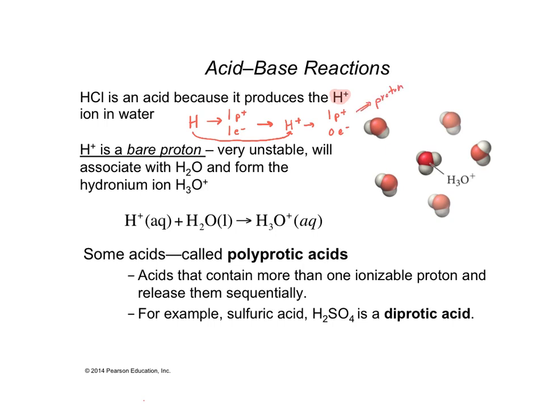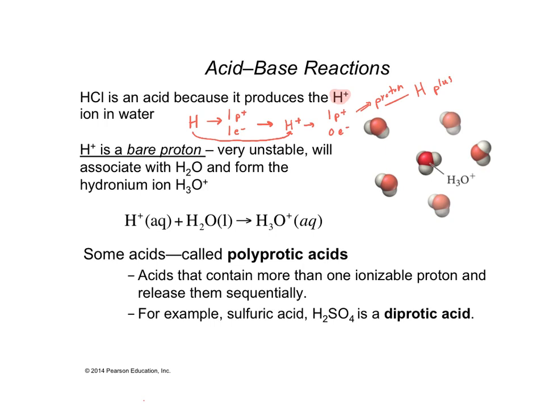Okay, so we will call this multiple different things because of this. So we will call this H plus, we will call this just a proton because that's all it really is. Also something to note that a bare proton is not very stable, right? So it's pretty unstable.